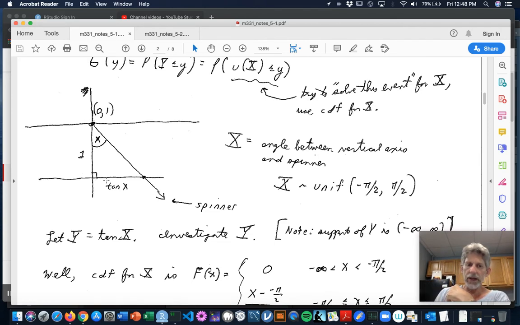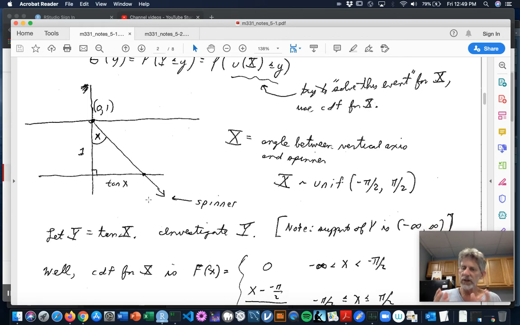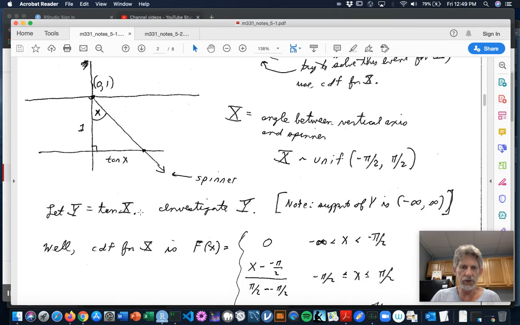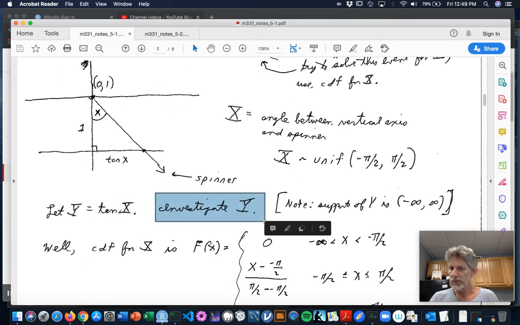So that means that this opposite side here, the one going out from the origin to the point where the spinner crosses the x-axis, that length has to be tangent of X in order for the ratio opposite over adjacent to make tangent of X. And I'm interested in that tangent of X length. And it's a random variable because the X is a random variable. So I set it up like that. Y is tangent of capital X. Y is a transformation of the capital X random variable, and I want to investigate its distribution.